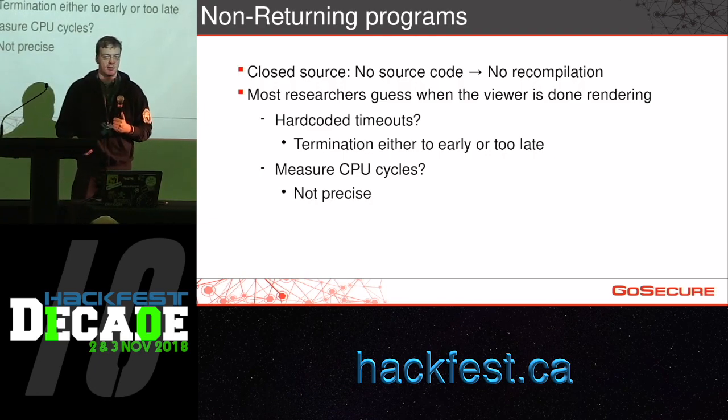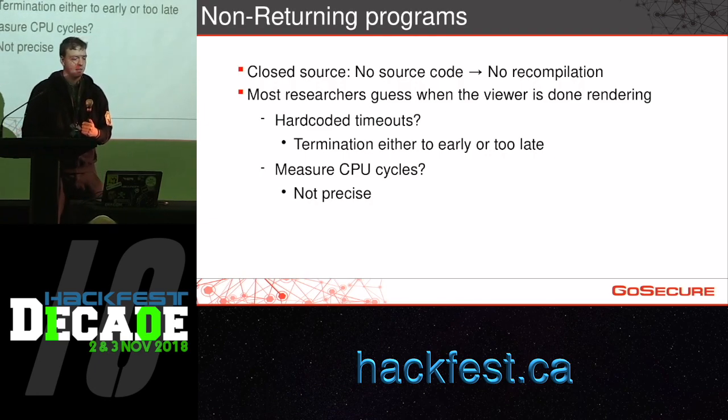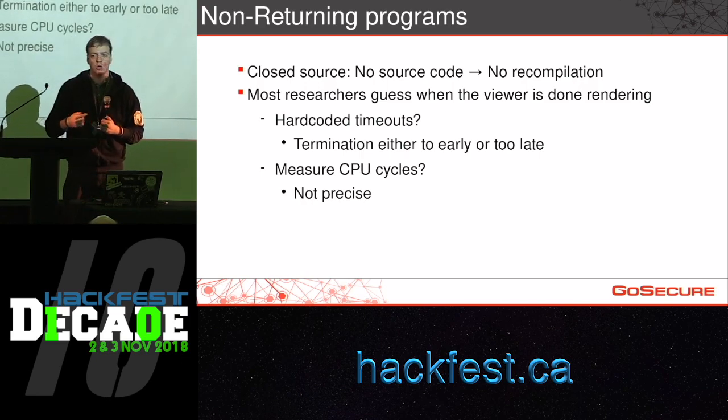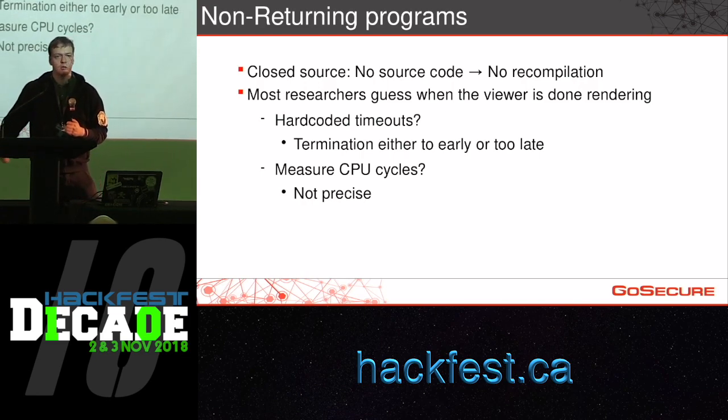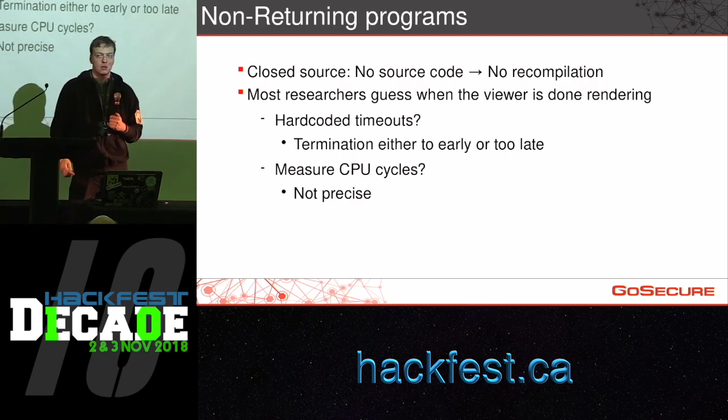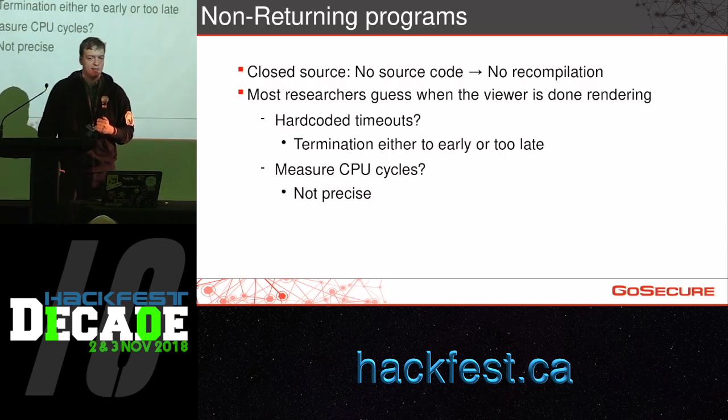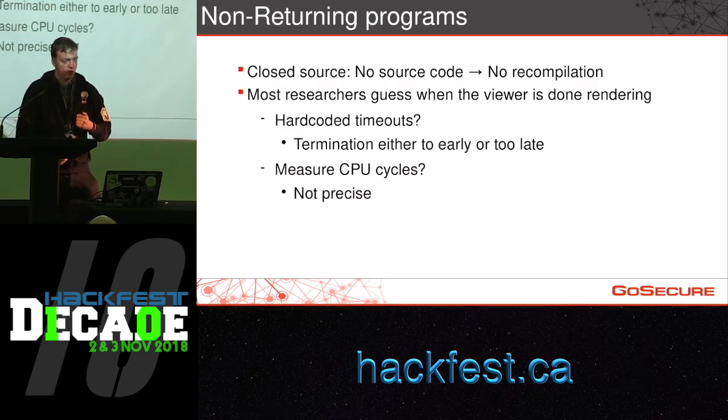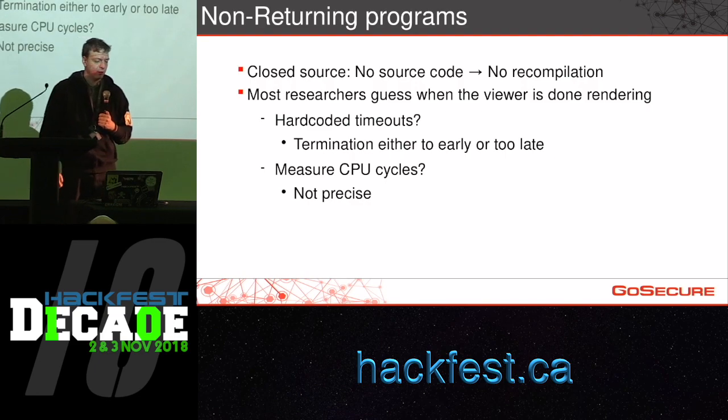So they make use of hard-coded timeouts, which is obviously not a good idea because the timeouts are more or less guessed. The termination either happens too early, which means there would be more code to be executed that we never reach because we kill the program too early, or too late, which means that we waste CPU cycles. And as we've seen earlier, we want a high number of executions per second.